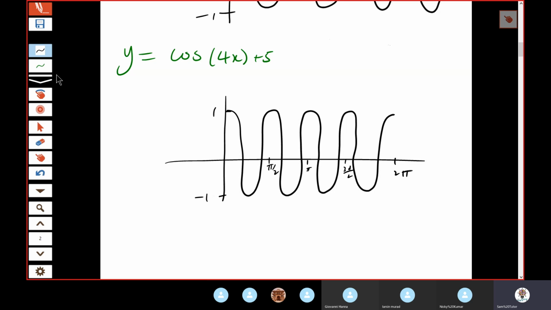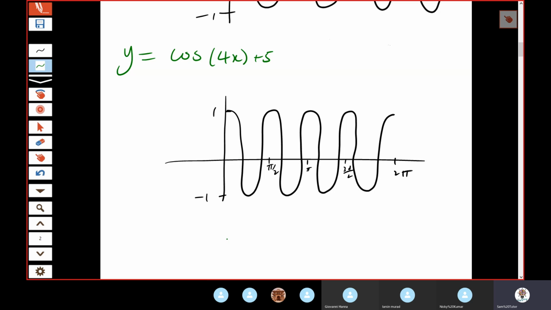Instead of moving this whole thing up 5, can you guys see I can actually shift my axis down 5? That makes sense, doesn't it? Instead of shifting this whole graph up 5, wouldn't it be the same as me shifting my axis down 5?